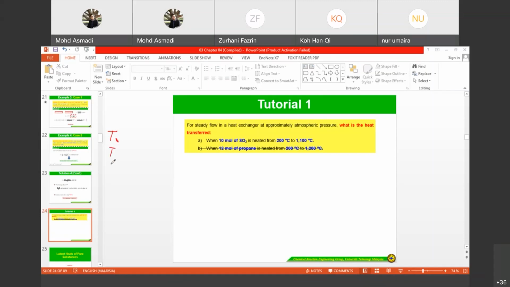Number of mole. Please convert into Kelvin. This one 200 degrees C, this one 1100 degrees C. Number of mole 10 mole.